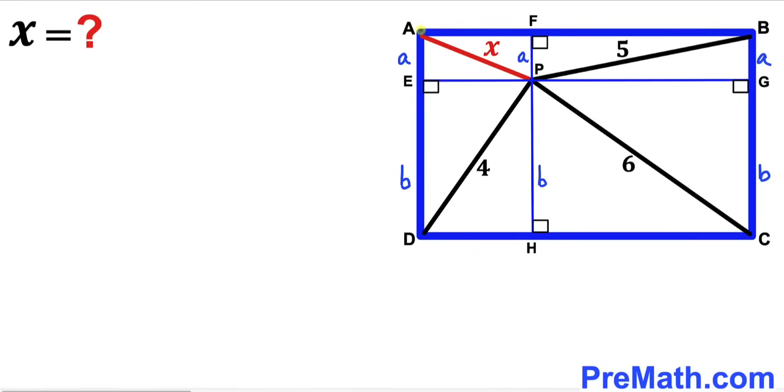And likewise, I'm going to label this segment AF as lowercase c, this segment BF as lowercase d. Then likewise, this segment is going to be lowercase c, this one is going to be lowercase d, and lowercase d as well.